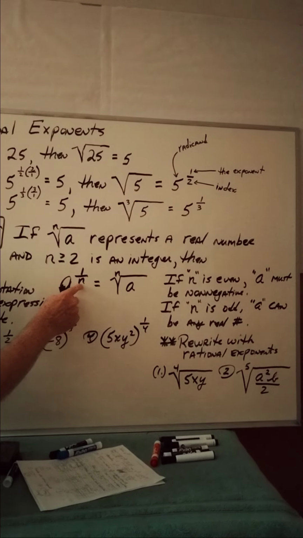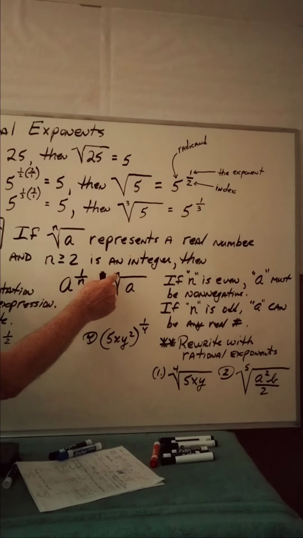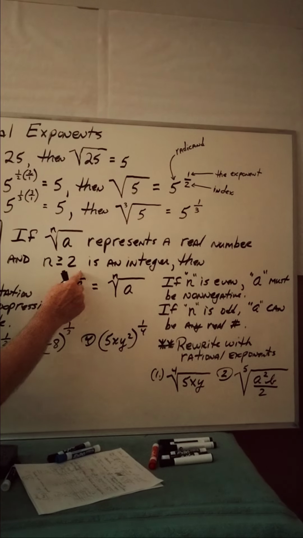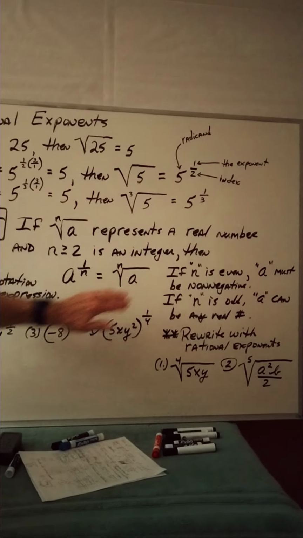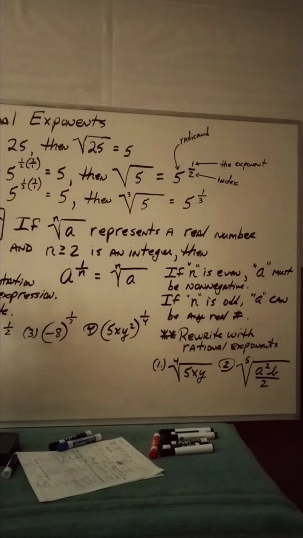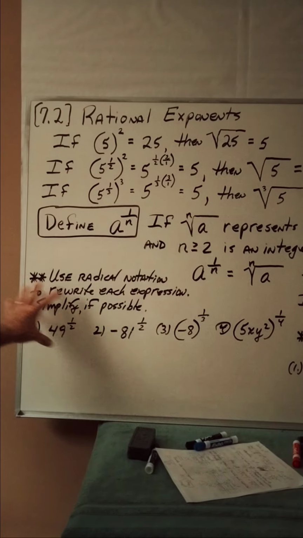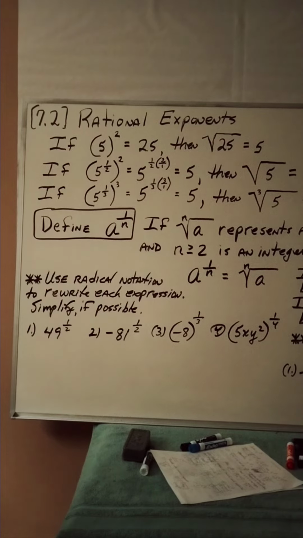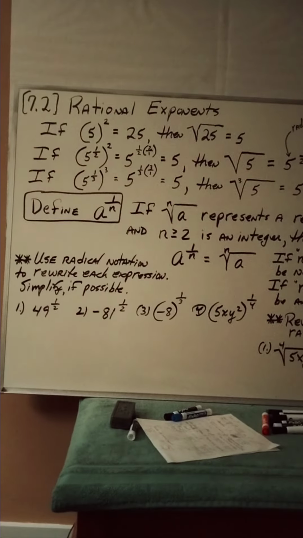The denominator of the rational exponent becomes the index of the radical expression, and the numerator 1 represents the exponent of the entire radical expression. Now we're going to take a look at about 6 examples that are dealing with this first defined statement of a to the 1 over n.